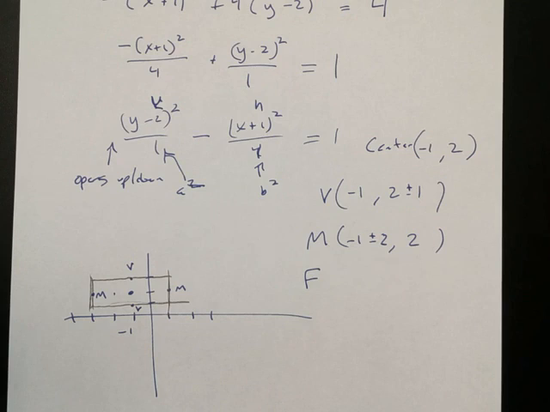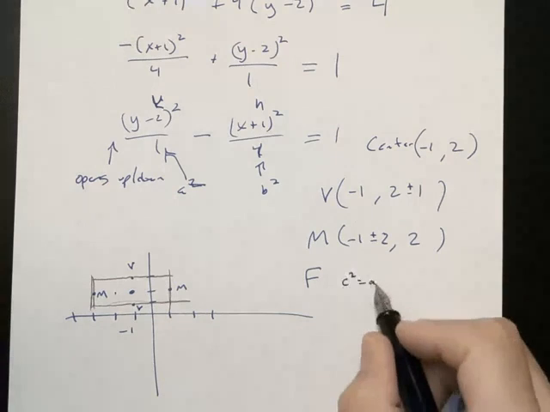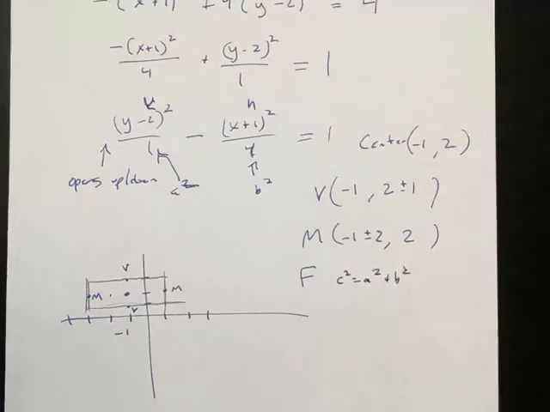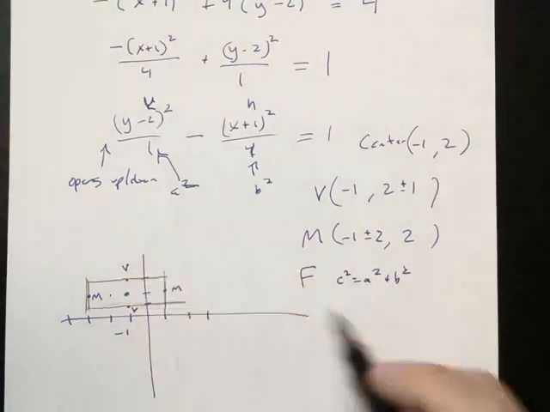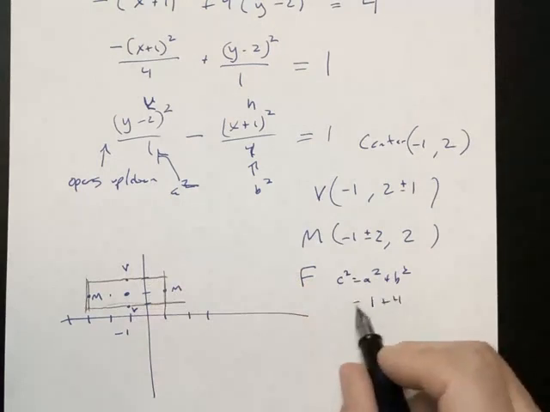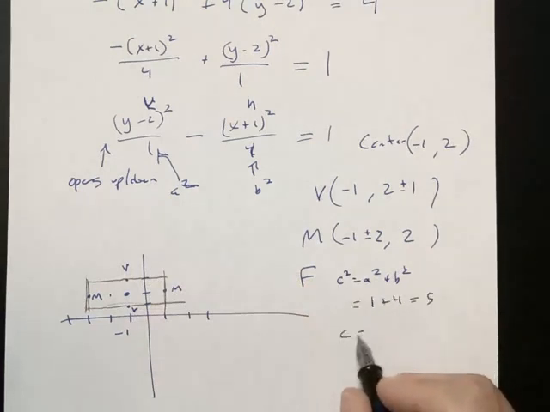I need a formula for C. What's the formula for C in this case? Because there's subtraction in the equation, for C it is addition. Oh, so C squared is 1 plus 4, that's 5. So C is the square root of 5.